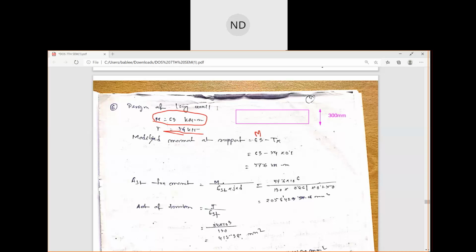Then we have the center here. Then we have another line.